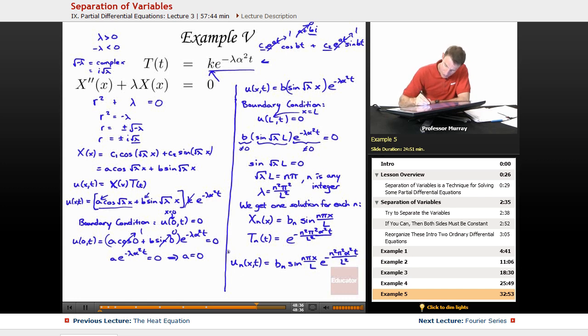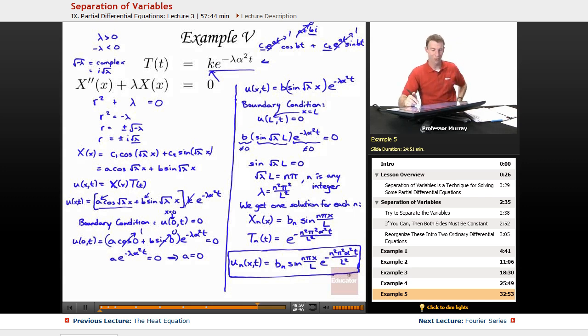Pretty messy, but that's my solution to the heat equation that is still compatible with both of the boundary conditions that you tend to get packaged along with the heat equation.